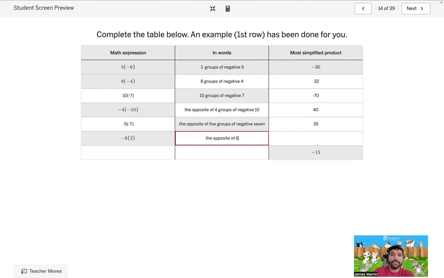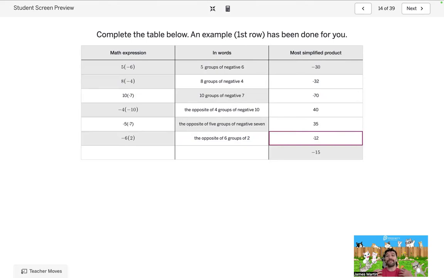The opposite of 6 groups of, and then my second number is my groups. So I have groups of just 2. So the opposite of 6 groups of 2. Well, if I have groups of 2, that's positive. But we're doing the opposite of a positive, so that makes it negative.